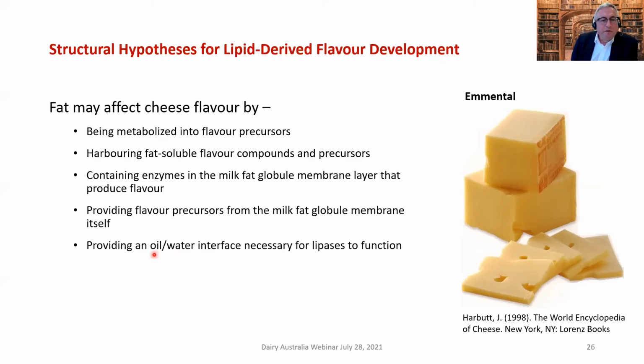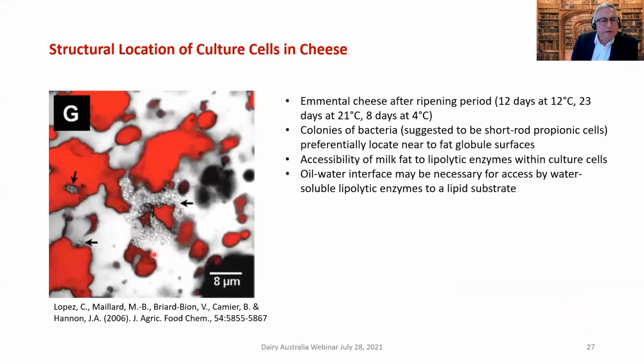So that's a few theories there, and this is a micrograph using false colors again, and it shows here that the bacterial cells, which I'm pointing out using the red laser pointer, they really like to be located around the fat.